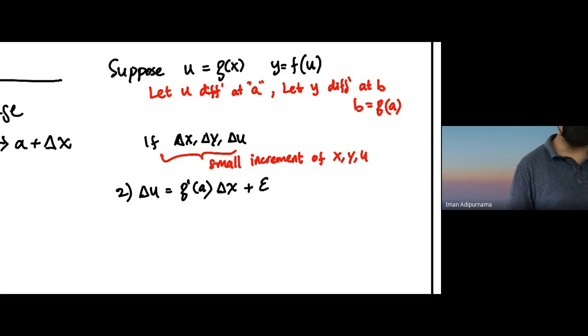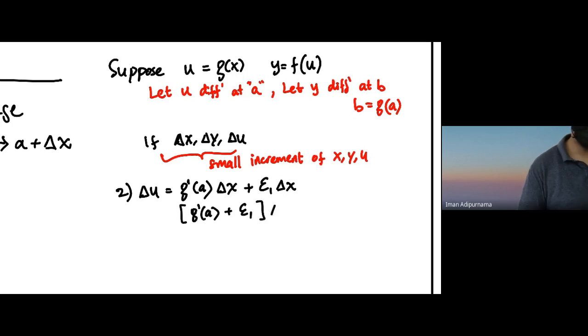Maybe we write E1, okay? And then we can factorize delta x and make it g prime plus E1 delta x, okay? And we can also mention that as delta x approaches 0, the epsilon 1 also gets closer to 0.